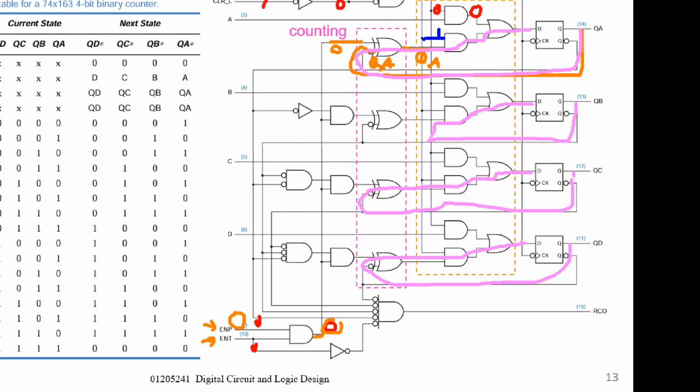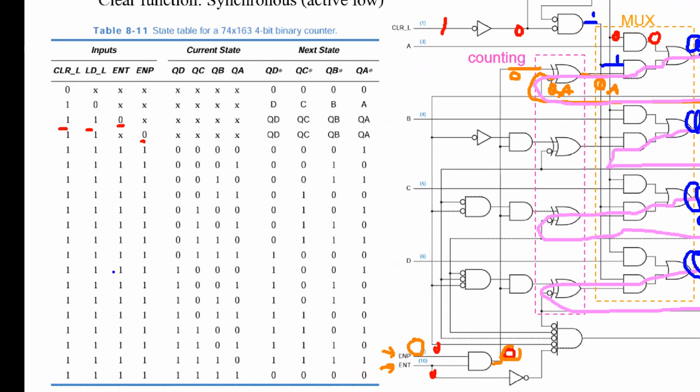So when the clock ticks, all flip-flops will update the data with the value of QA, QB, QC, QD respectively. So we update by itself, so nothing changed. This is hold mode. That means the value is still the same as the previous one. Nothing changed. It's hold.